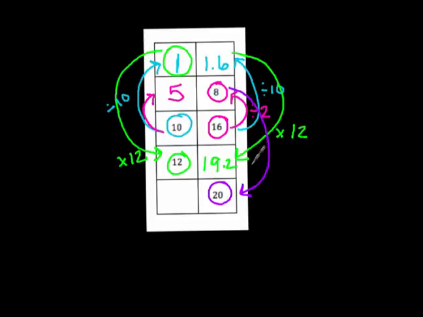That means that 8 times 2.5 gives me 20, so I need to multiply the 5 times 2.5 to fill in the other side. 5 times 2.5 is 12.5.